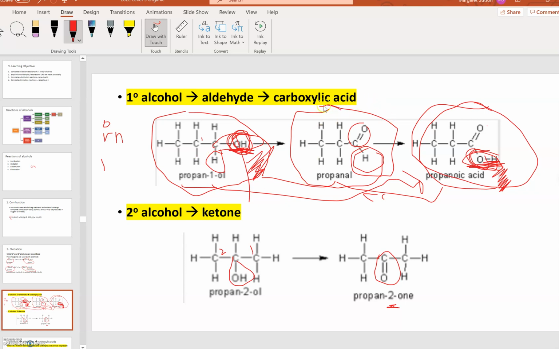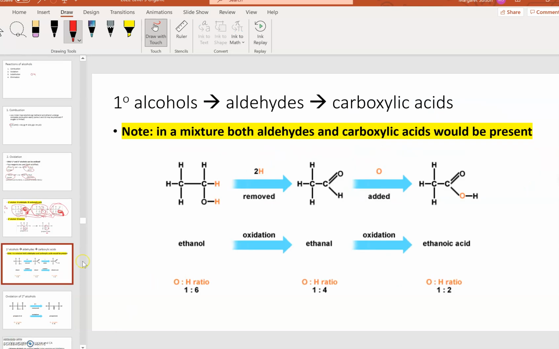In contrast, propanone does not have the O bonded to the H here, so it cannot hydrogen bond as an intermolecular force. It's only got permanent dipoles and temporary dipoles, meaning that its melting point and boiling point will be significantly lower than its corresponding primary alcohol that it was made from and its corresponding carboxylic acid that it could get oxidized to. Okay, so let's move on.